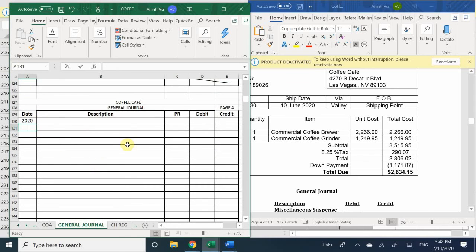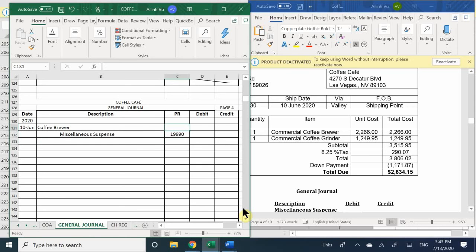Okay, so 6/10, we're still on the same date. And we're going to take out our coffee brewer. And we're going to take it out of miscellaneous suspense. Okay. And in this case, I don't know what my coffee brewer is.